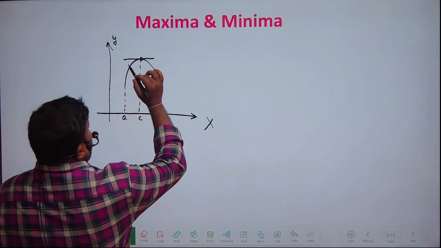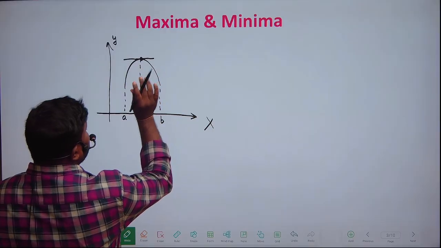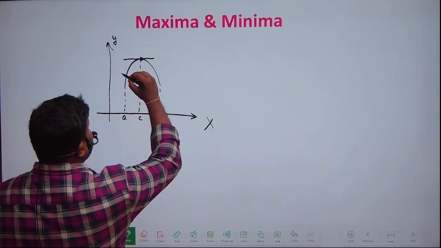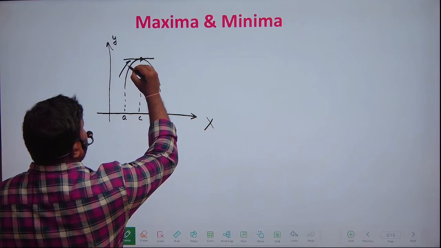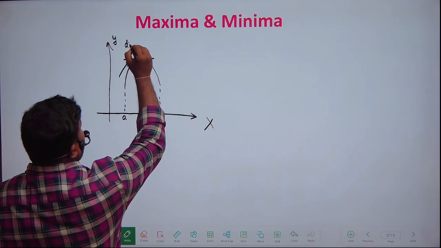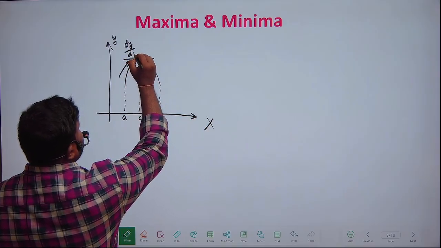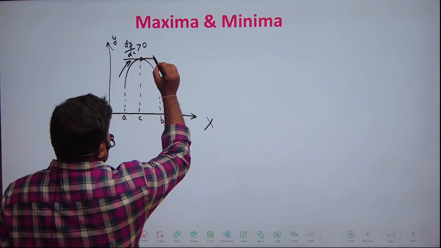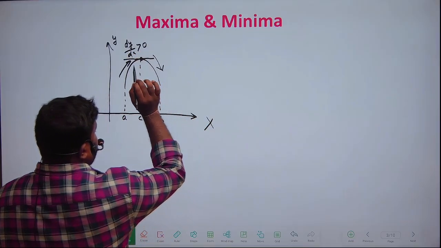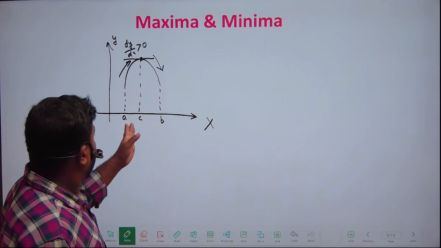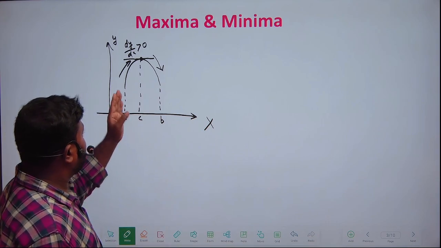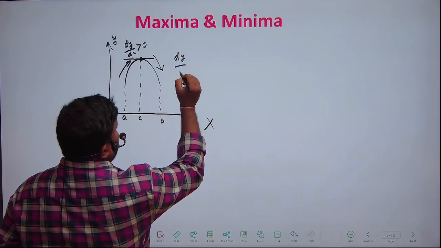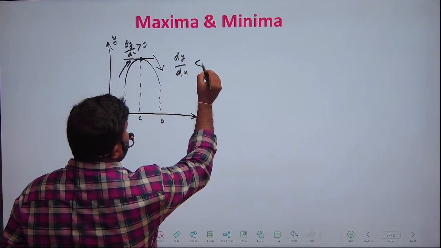Listen, if you look at just the left side of this specific point c, here the slope, meaning dy over dx, is greater than 0. And when you look at the right side of the point c, dy over dx, that is the slope, is less than 0.